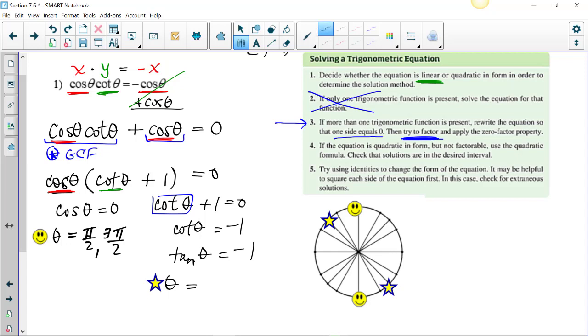So the angle in quadrant 2 whose tangent is -1 would be 3 pi over 4. And in quadrant 4, the angle would be 7 pi over 4.